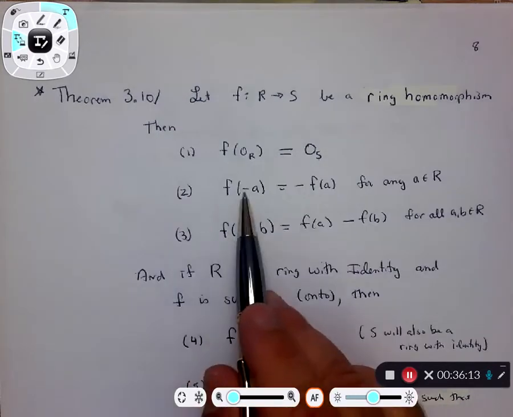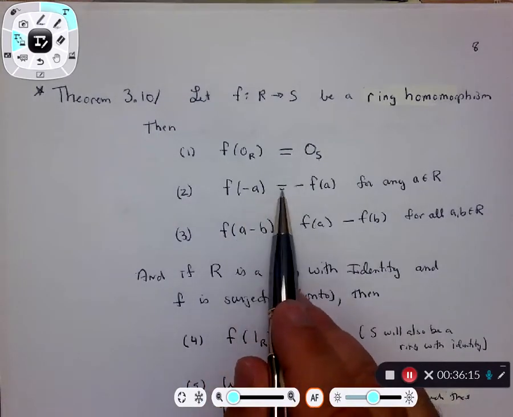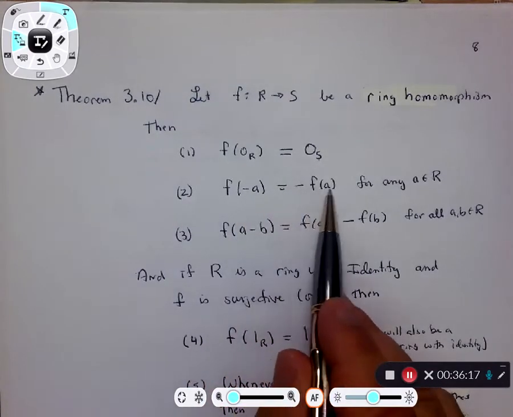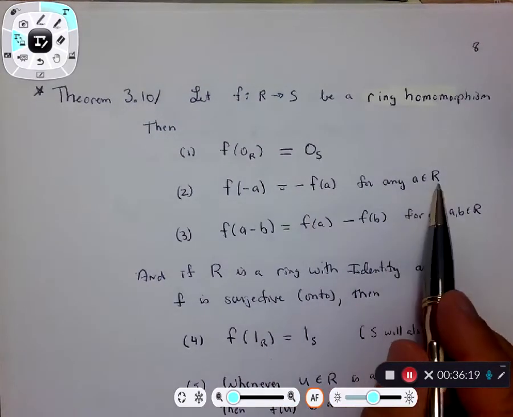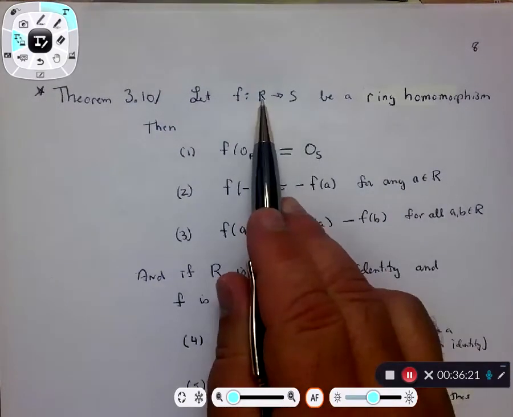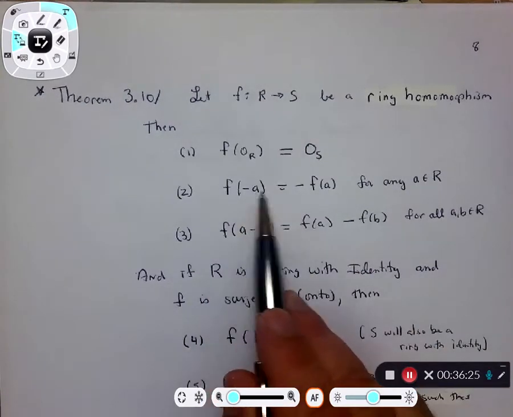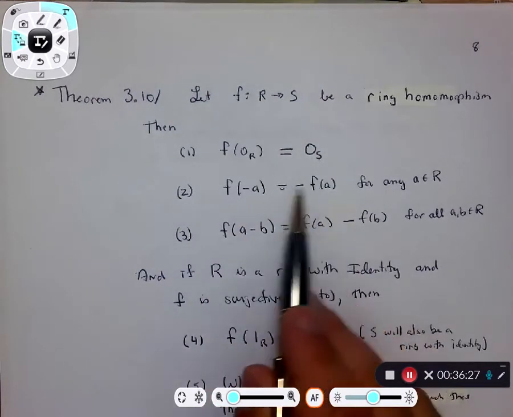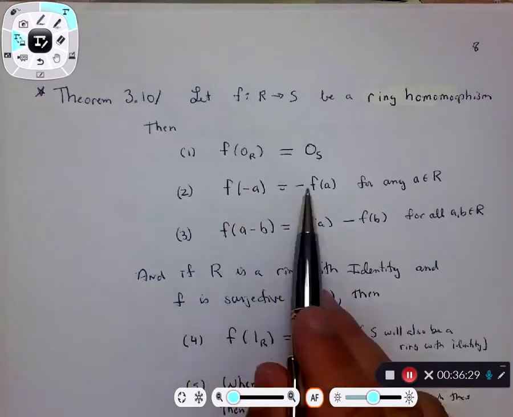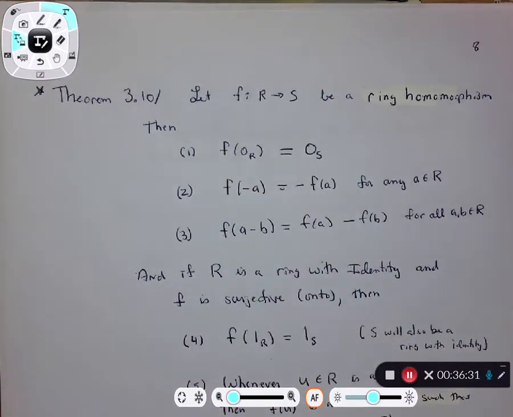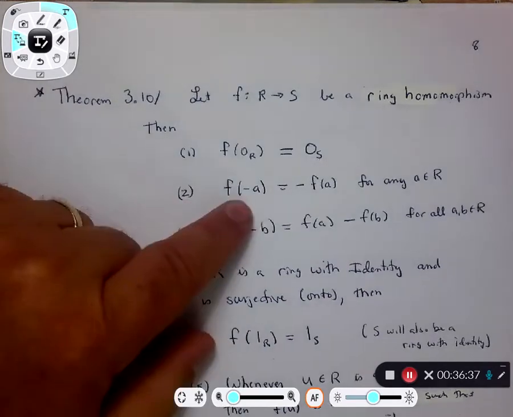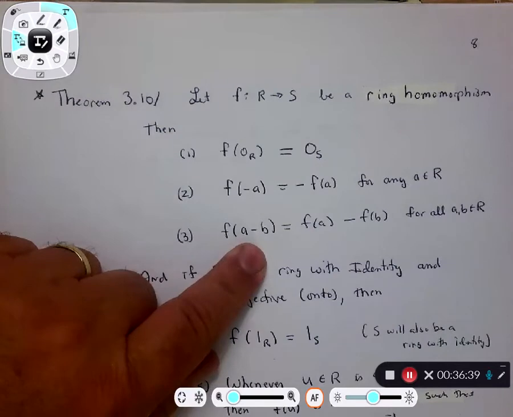So f of negative a is equal to negative f of a for any a inside of ring R. You pick an element in your, quote, domain here, a, and f of negative a is equal to negative f of a. So you can pull the negative out of a homomorphism. And because of that, you get for free property number 3, going from that negative element to the concept of subtraction.